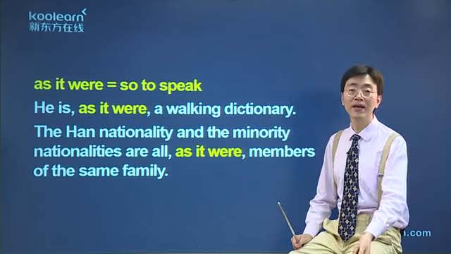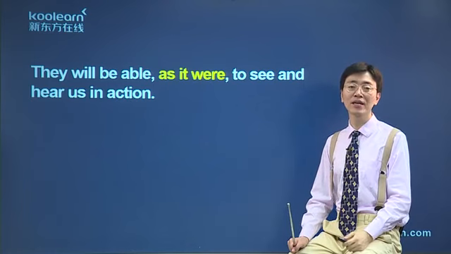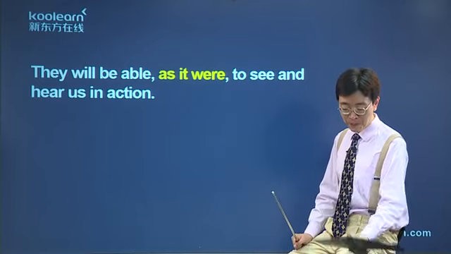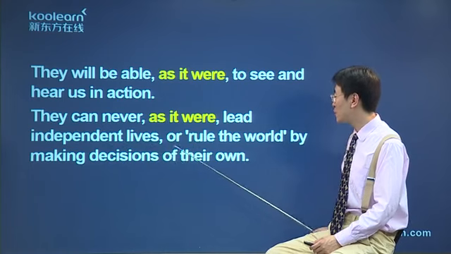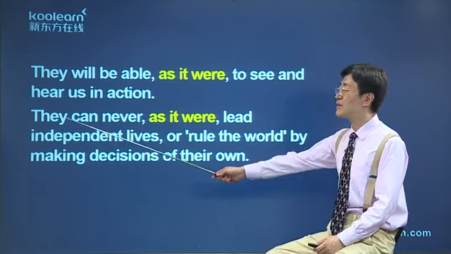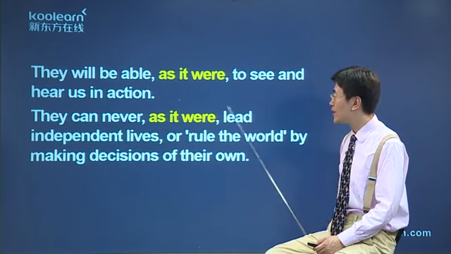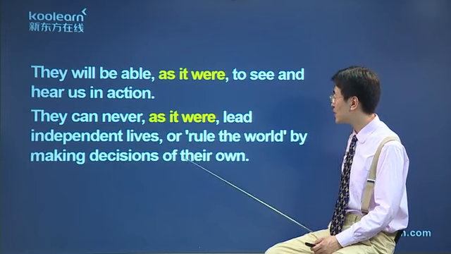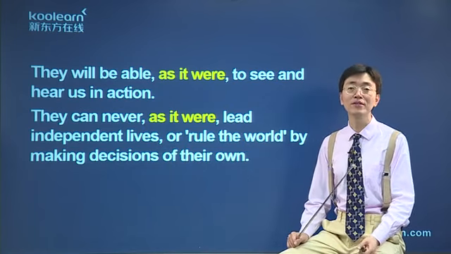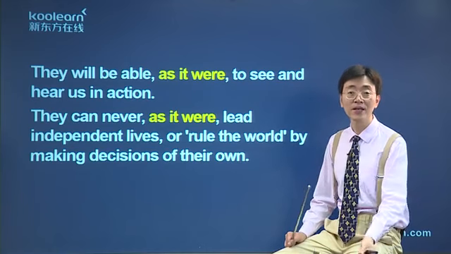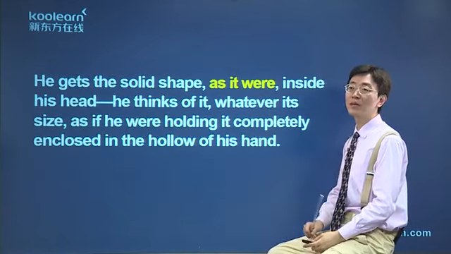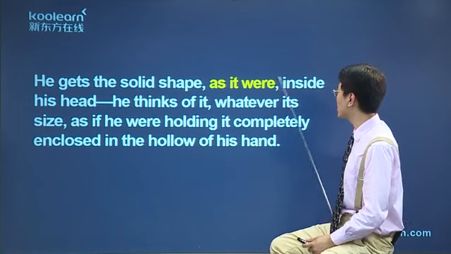他们真可以说是能亲眼看到、亲耳听到我们在做事情，当然不可能是真的。这个 they 是未来的历史学家，我们都死了，但是有光盘、有录音，真可谓亲眼看到、亲耳听到一样，叫 as it were。再如三册第51课大量出现 as it were。They can never, as it were, lead independent lives or rule the world by making decisions of their own. 他们就是计算机，根本不可能好像过着独立的生活，或者自己做决定来统治这个世界。我们再看四册183页第11行到第12行，亨利·摩尔讲雕塑的那篇。He gets the solid shape as it were inside his head.